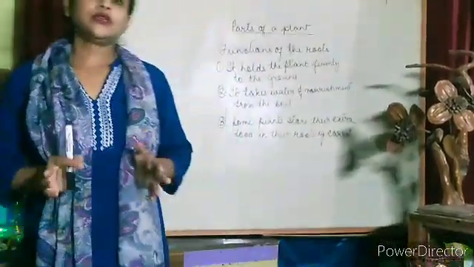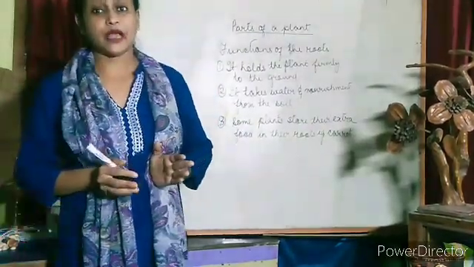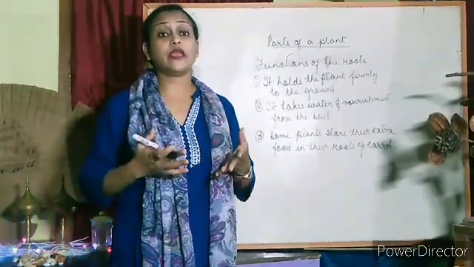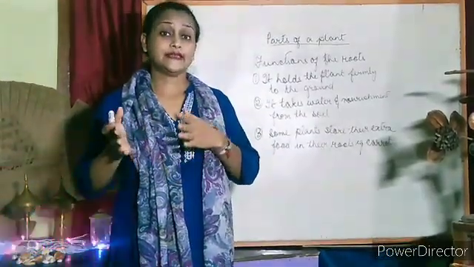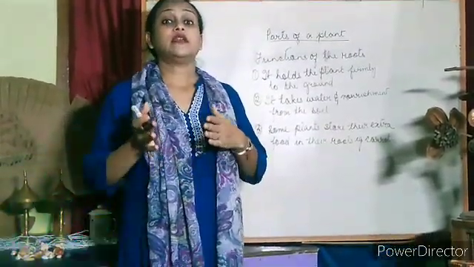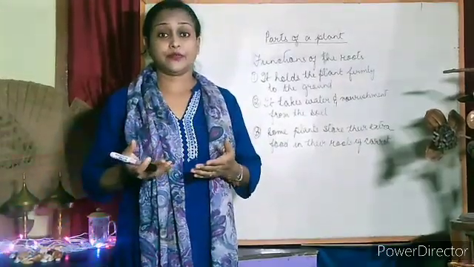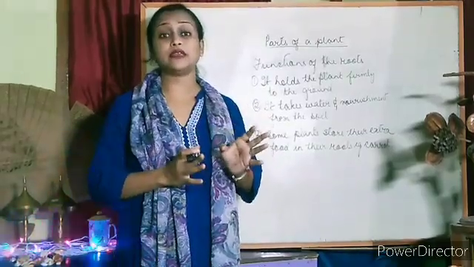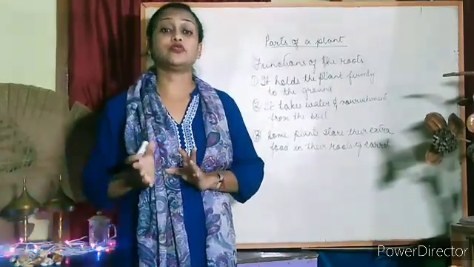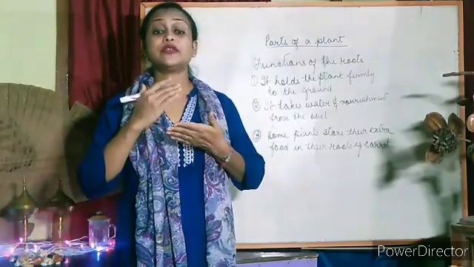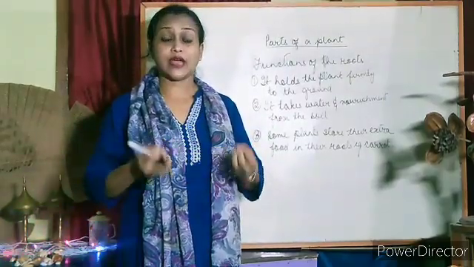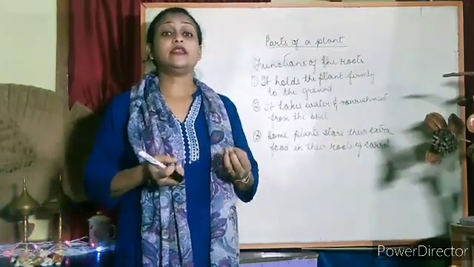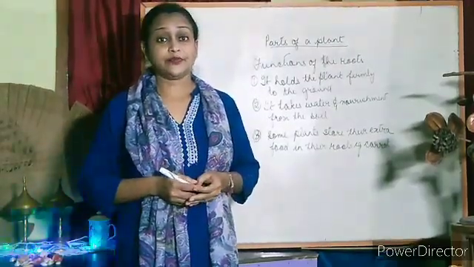The root is very important for a plant, because a plant will not grow well if the root is damaged or dries out. For a healthy plant, we need the roots to be healthy. If the root is damaged or dried out, if it is not watered and does not get water properly, then the plant will also die.